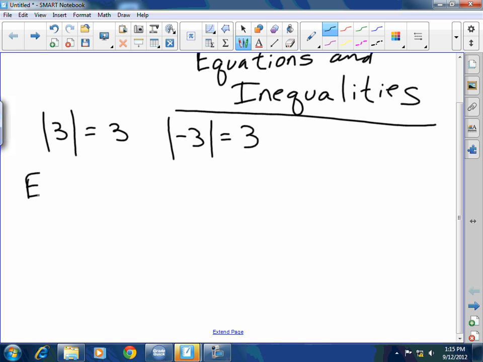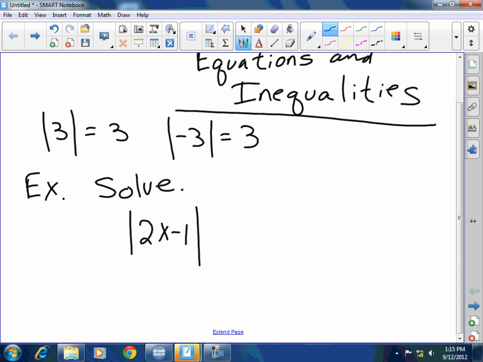For example, say solve the absolute value of 2x minus 1 equals 5. First thing we always have to do for every single absolute value, whether it's an equation or an inequality, is get the absolute value by itself.